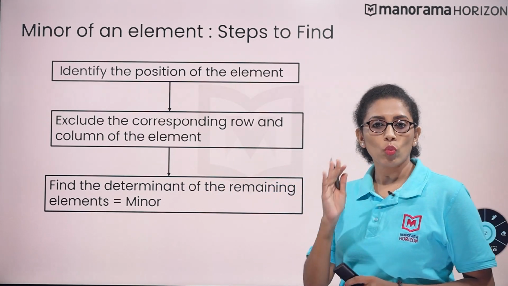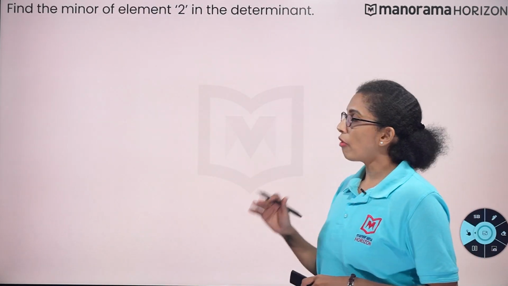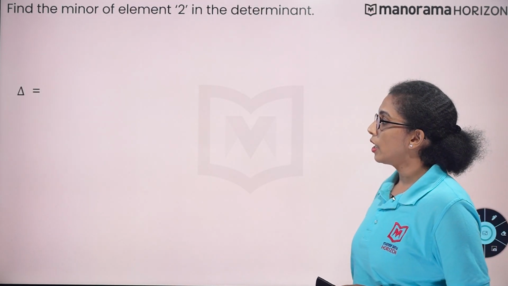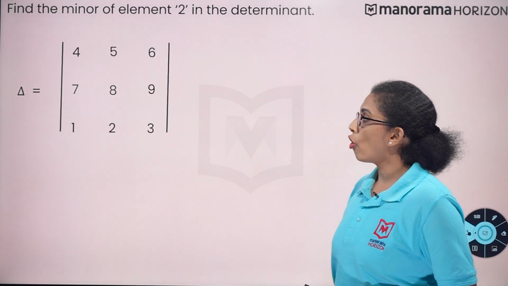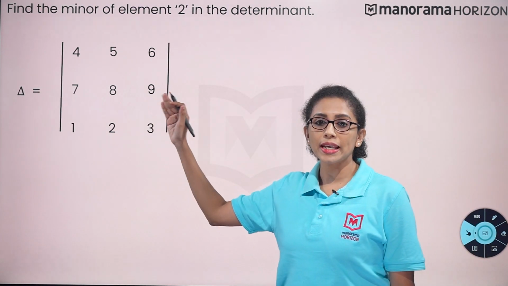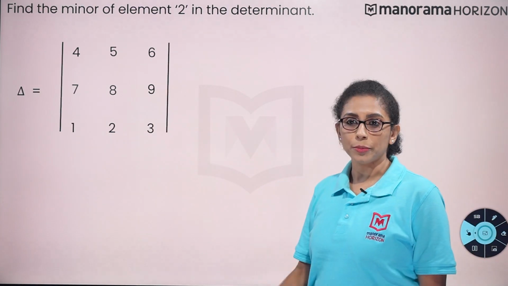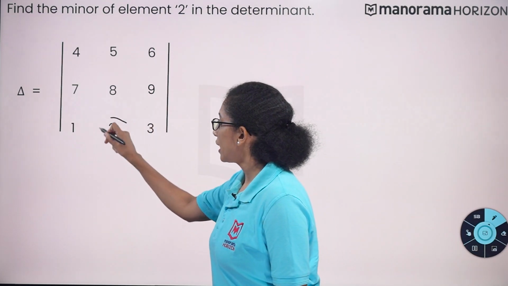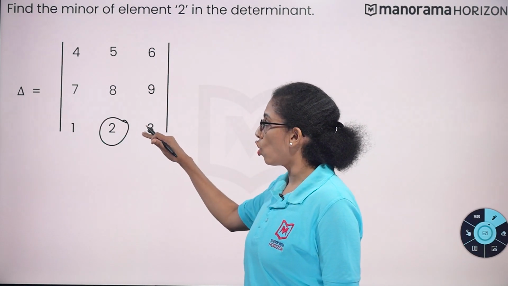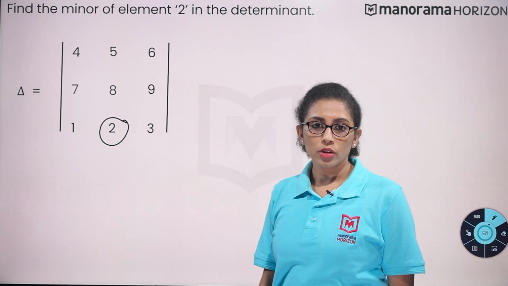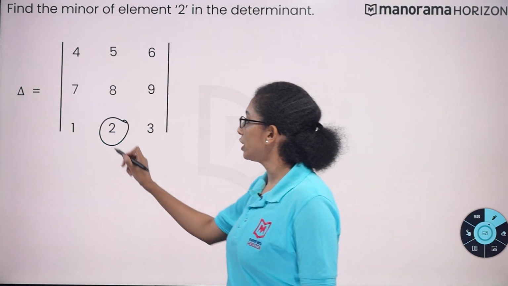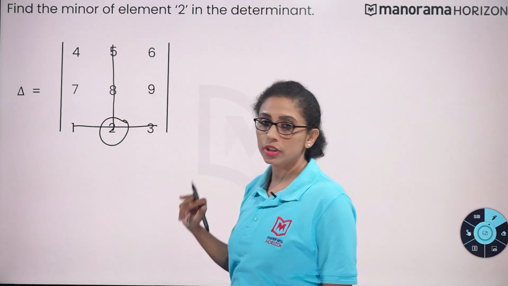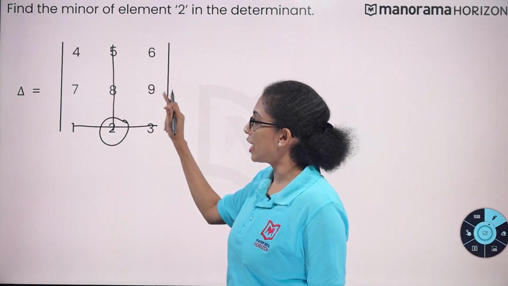Now let's look at one problem. Find the minor of element 2 in the determinant. Determinant is equal to 4, 5, 6, 7, 8, 9, 1, 2, 3. We know the position of the element 2 is at third row, second column. So we have to exclude the third row, second column. Now what is left? 4, 6, 7, 9.